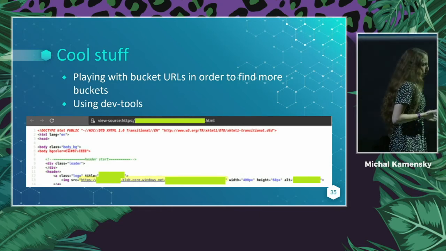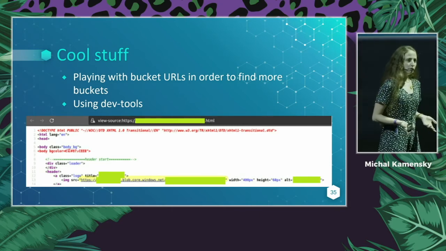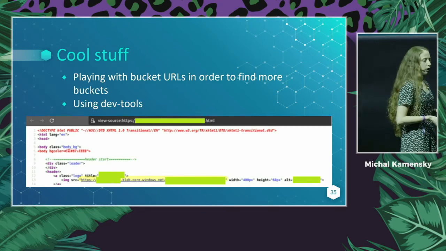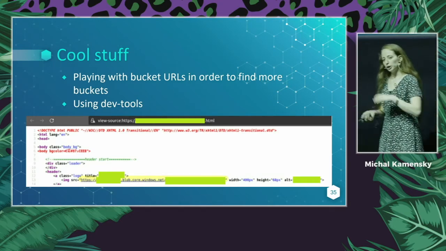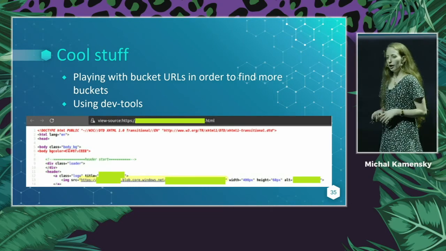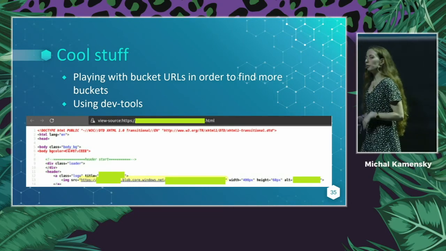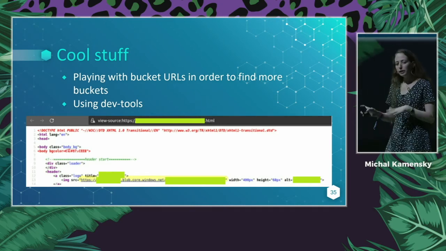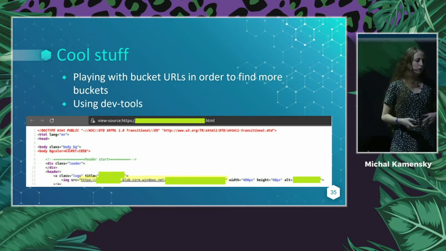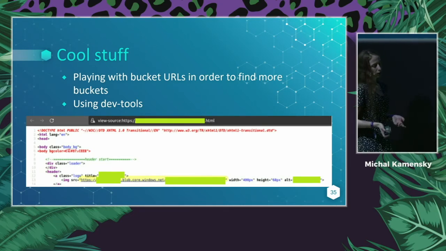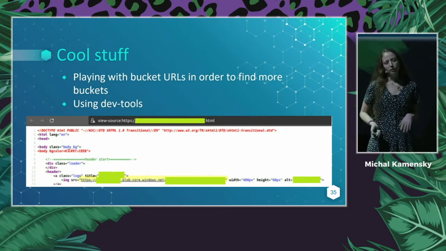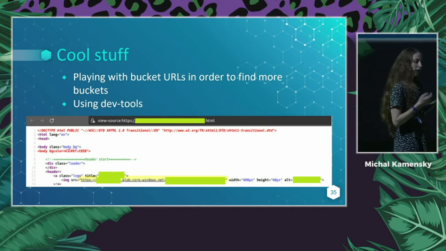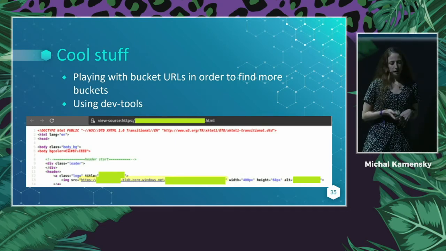Also, most companies are not very creative with the names of their buckets. Most of the time, it's just the company's name, production, or prod. And if you find one, there are probably other ones. No one misconfigures just this one bucket by mistake. If you know how to configure it, you do it. So if you find prod, you probably will find non-prod and stuff like that.